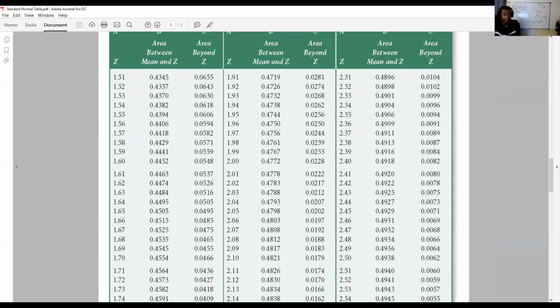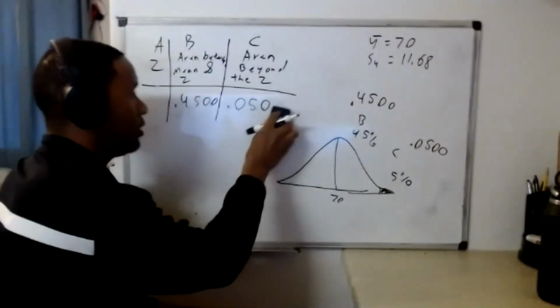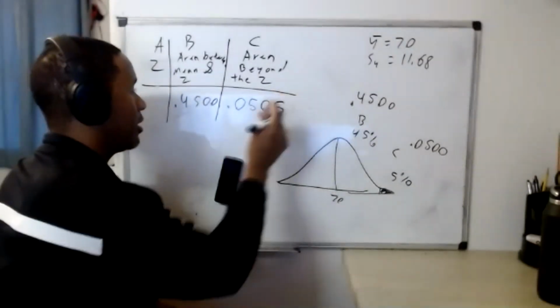This is not the exact number, but it is the closest number that we're going to find: 0.0495 is the closest number to 0.0500, and 0.4505 is the closest number to 0.4500. So again, I'm not going to find the exact number; I'm going to find the closest number.